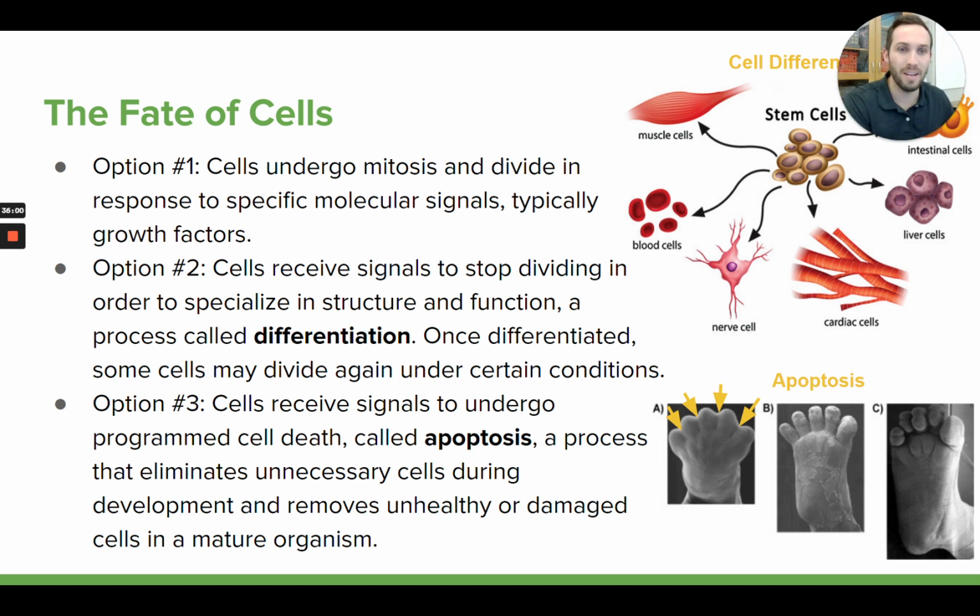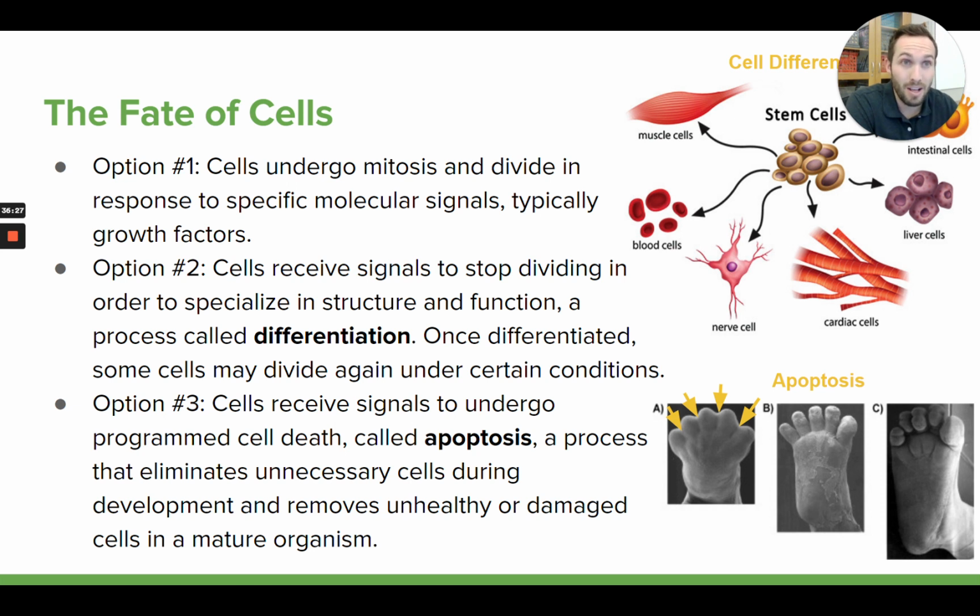A good example is your fingers and your toes. They used to have skin between them as they were forming. You had webbed feet and webbed fingers. But later in development, those cells between your digits are told to go through apoptosis, and they go away, and you now have free moving phalanges in your toes and fingers. So that's another option.